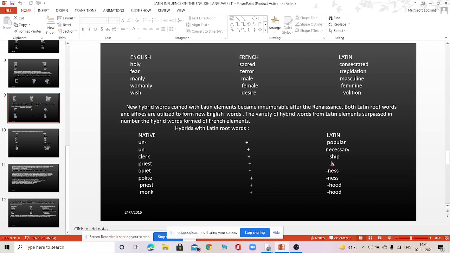As you can see, these words are examples of how three classes of people came to use these words. So I think you have got the hang of it.